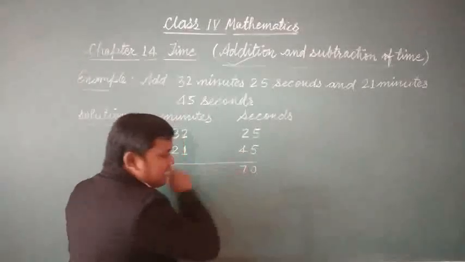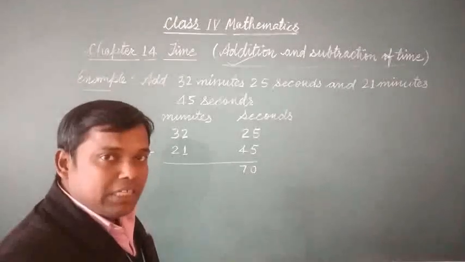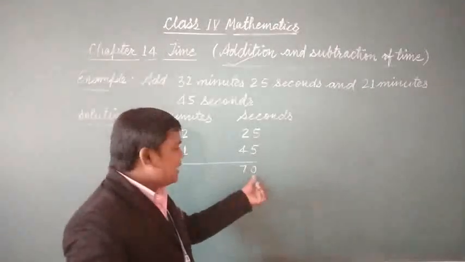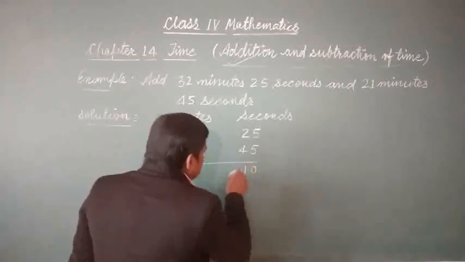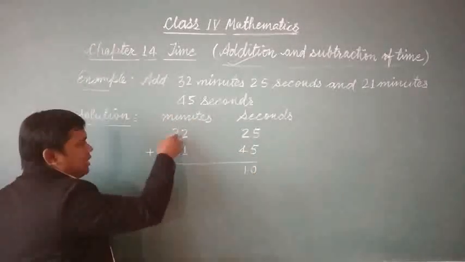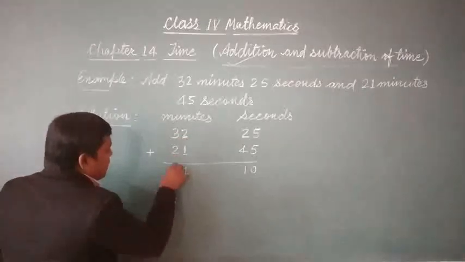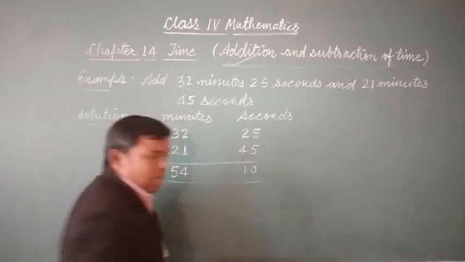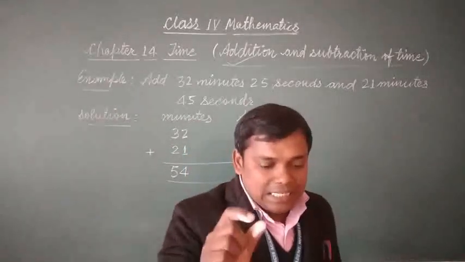So it is 70 seconds. 70 seconds can be converted into minute and second, then it will become 1 minute 10 seconds. So we write here only 10 seconds and 1 minute will come this side. So 2 plus 1, 3 plus 1, 4 and 3 plus 2, 5. So our answer will be 54 minutes 10 seconds.